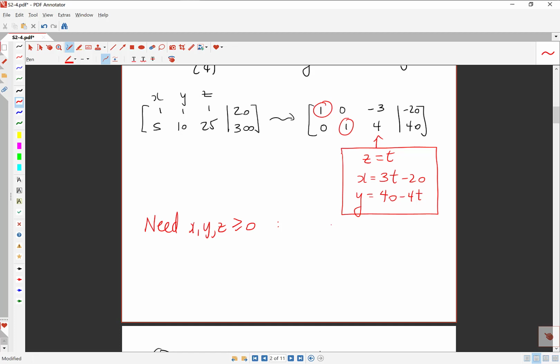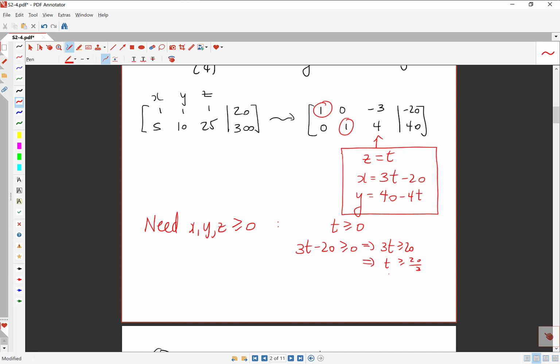So from z, we would say t has to be greater than or equal to 0. From x, we would say 3t minus 20 has to be at least 0. If we do a little bit of algebra, that means 3t has to be at least 20, which means t has to be at least 20 over 3.